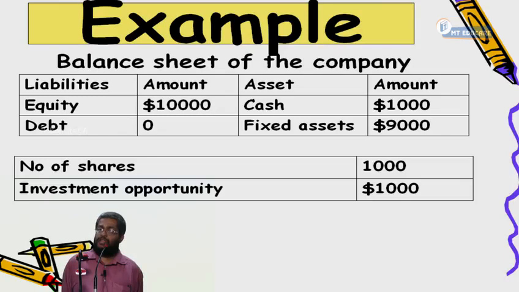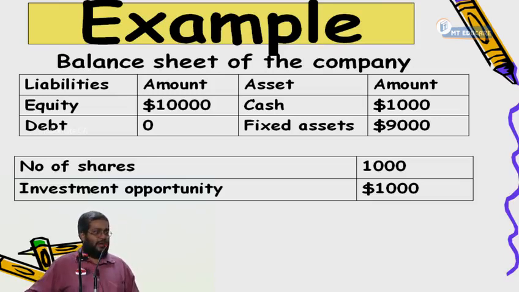The value of $1,000 cash today is how many dollars? $1,000. What is the value of 1 rupee today? 1 rupee. Because cash is cash only. It does not have any future benefit. So the value of $1,000 cash today is $1,000.